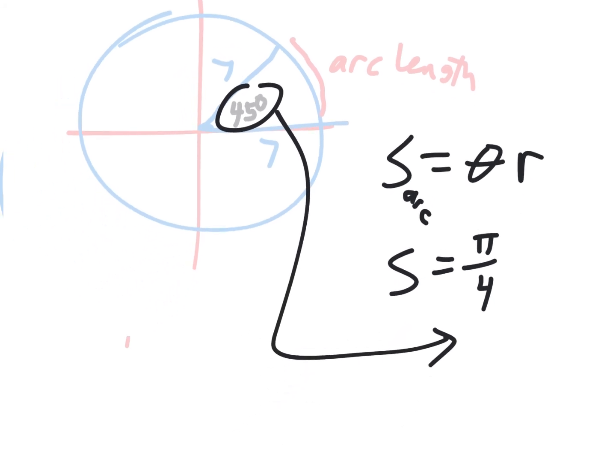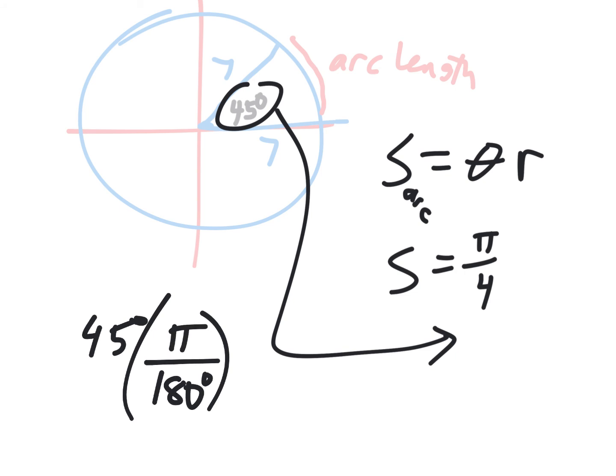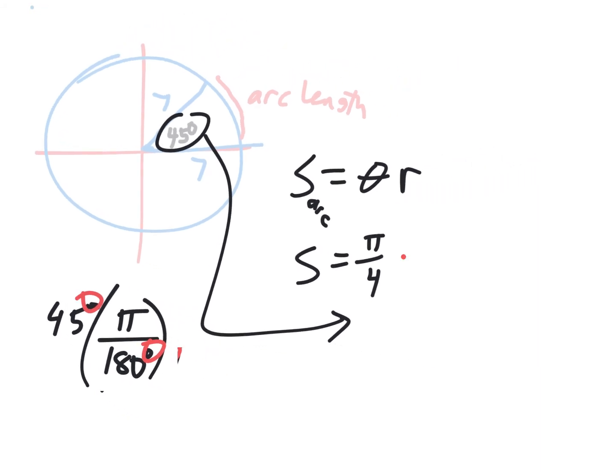If you're not, if I wanted to change that to radians, I'd go 180 on the bottom so that these degrees would cancel. And then I would have simplified it down, and I'd have figured out it's pi over 4. So my pi over 4 times 7 is 7 pi over 4. Perfectly good answer because there won't be calculators on the test, and that's exact.